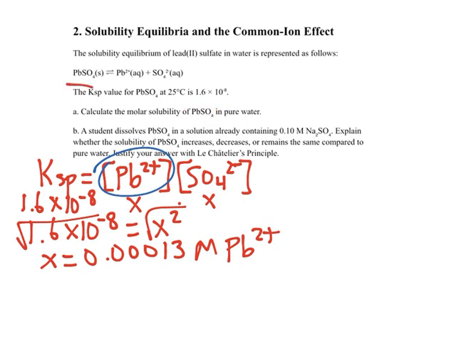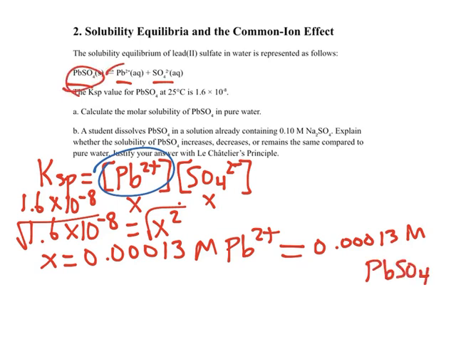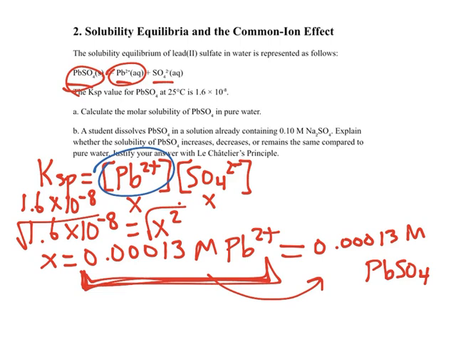Luckily, since this is a 1-to-1-to-1 ratio, this 0.00013 molar lead corresponds to 0.00013 molar of the salt from which it came, which is the PbSO4. So because it's a 1-to-1 ratio here and here, these values are the same. Just understand, answering this might not earn you full credit on the test because you technically did not answer the question. We needed the molar solubility of the PbSO4, not necessarily just the lead ion.